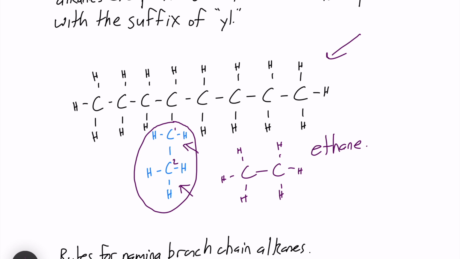So according to the rule above, when we have a CH2 group and a CH3 group, this is going to be called an ethyl group. The suffix of -ane is just replaced with -yl. Make sure you are refreshed on the prefixes for naming alkanes, because that will come in handy when naming these substituents.